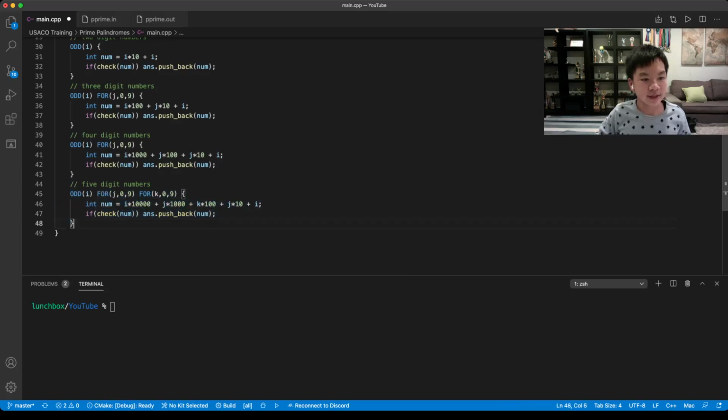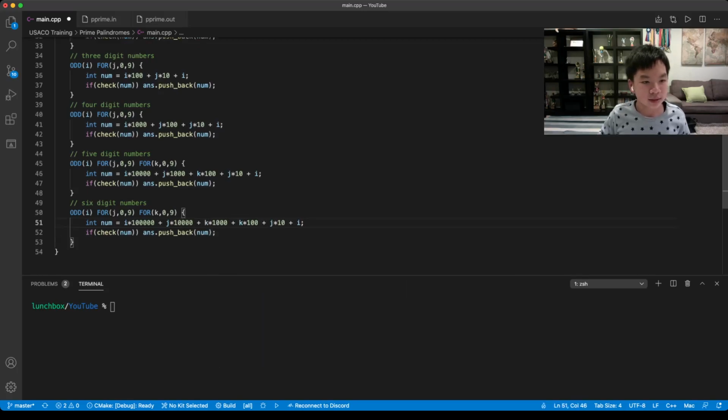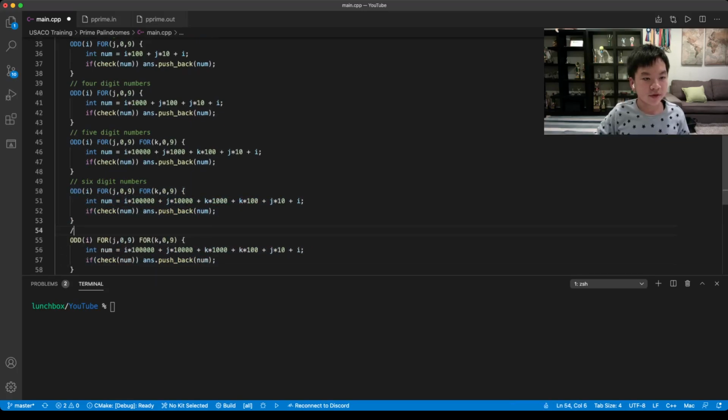Okay, so we have our 6-digit. Okay, so the form would be similar. But here we would also add k times 1000. Okay, so we have our 7-digit numbers. So we should have, let's call this l, 0 to 9.